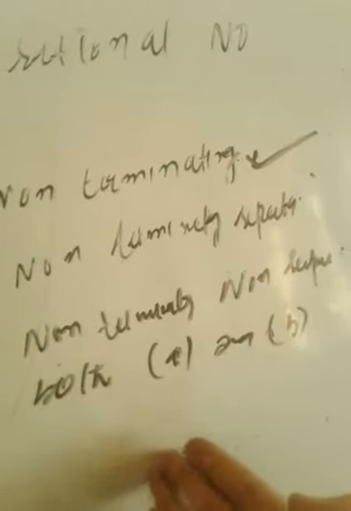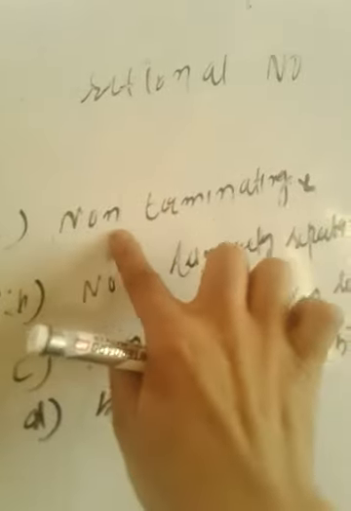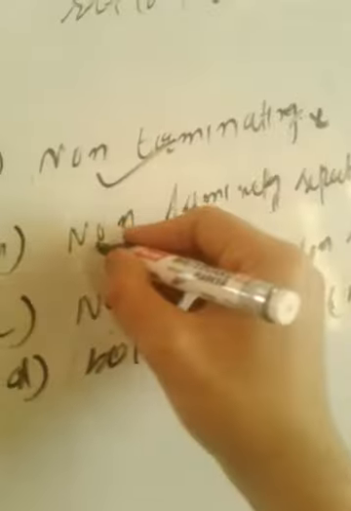But you go and mark this as the correct answer without reading the other options. So the important thing in any competitive examination is to read all the options, because there might be two options which are correct for this question. Look, this is non-terminating, this is irrational. Non-terminating repeating, this is also irrational.